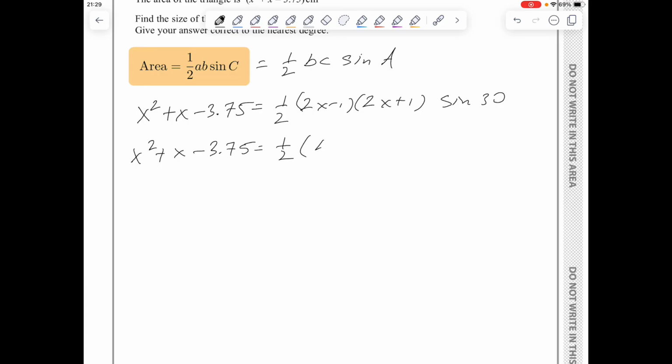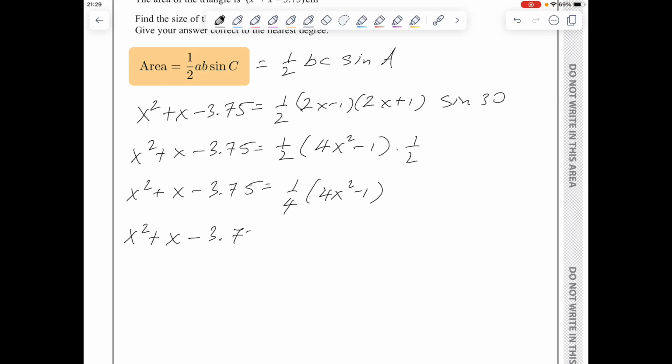Let's expand the brackets. 4x squared, minus 2x plus 2x cancel out, minus 1, times sine of 30, which is a half. So x squared plus x minus 3.75 equals a quarter of 4x squared minus 1. Expand the brackets: x squared plus x minus 3.75 equals x squared minus 0.25.